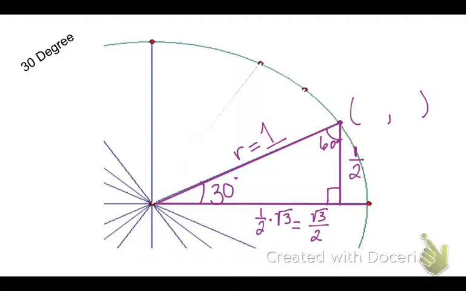Now, that square root of 3 over 2 represents the x value of my coordinate. It is the x distance from the origin to that coordinate.